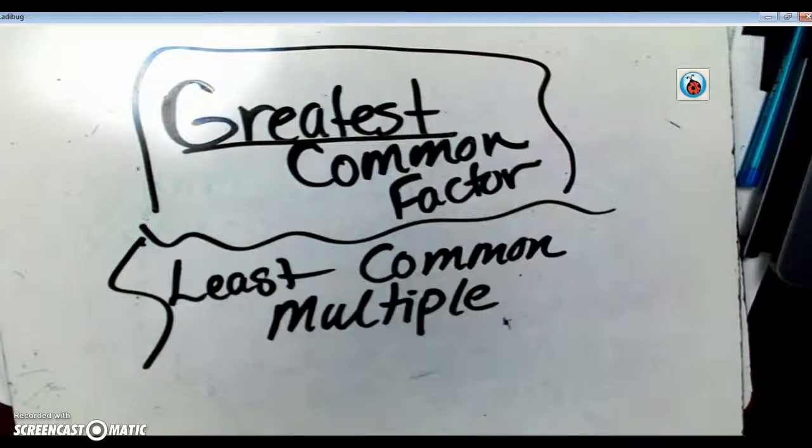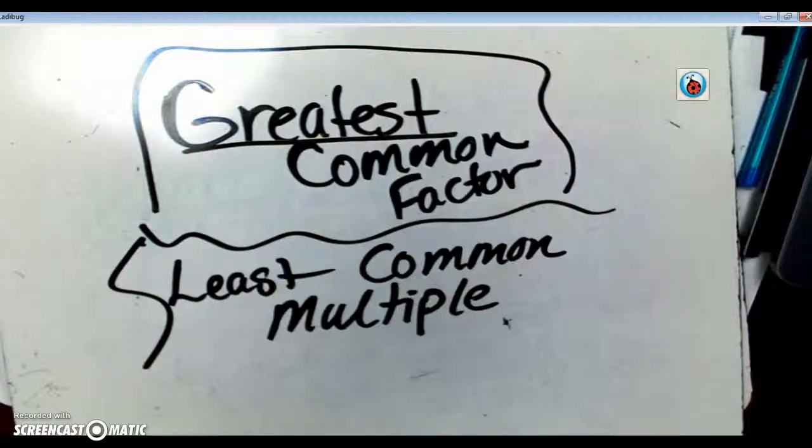All my denominators were the same. Tomorrow we're going to build into adding and subtracting fractions that have unlike denominators.